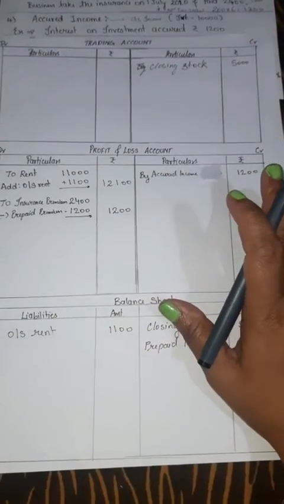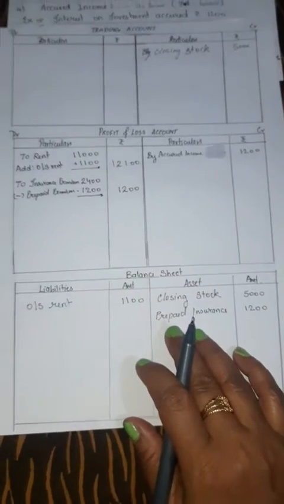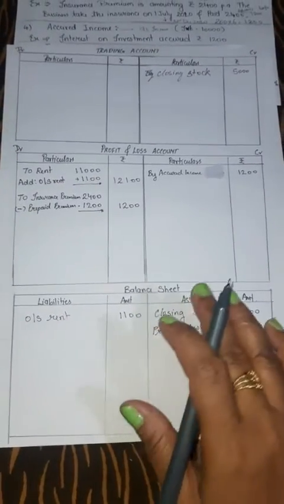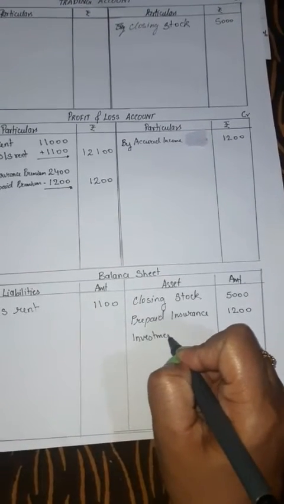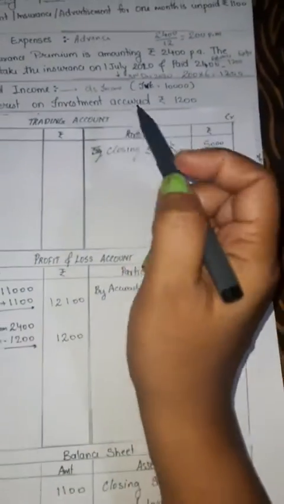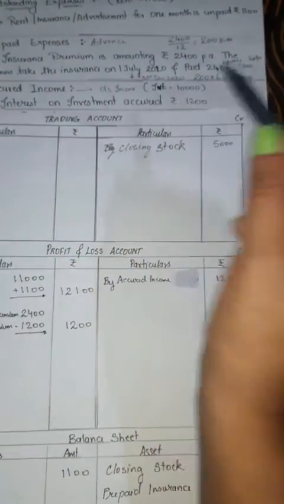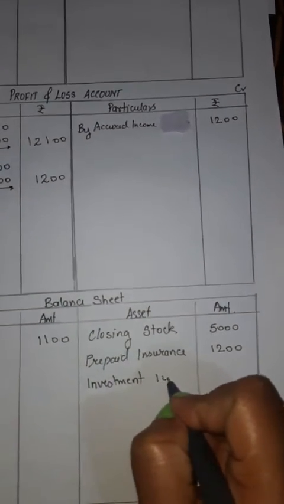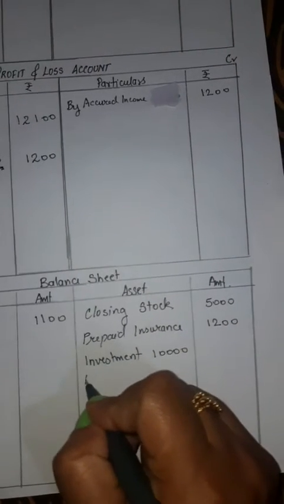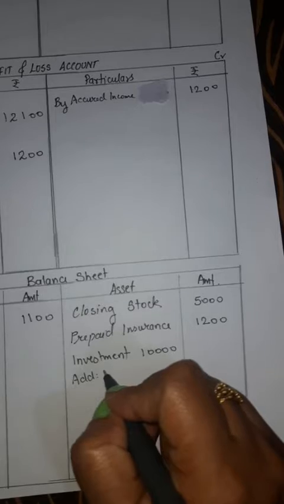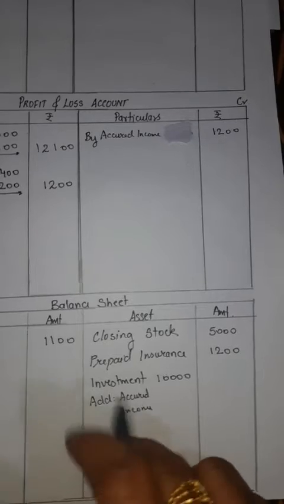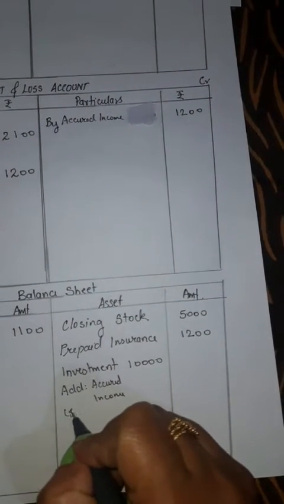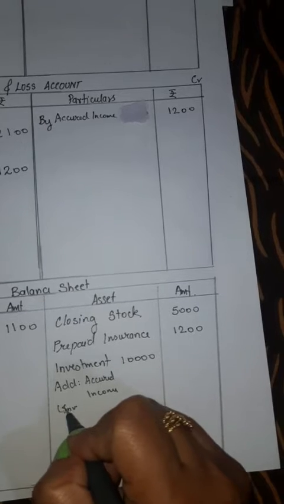The second effect of the same will be shown in the balance sheet asset side. So it is the investment on which this interest is. Here first of all you have to write the amount of investment. In the question, if you see, the investment is of the value 10,000. So I will write here investment as 10,000 and I will add this accrued income, which is the interest on the investment.